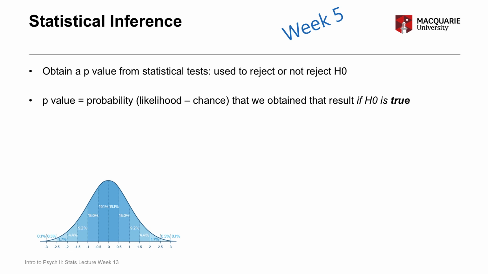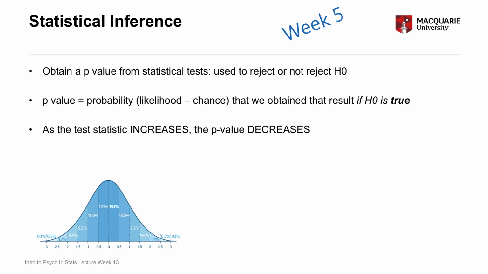And what that means is that the smaller the p-value, the less likely it is we've got this particular test statistic if the null hypothesis is true. And therefore, the more likely it is that we've got this particular test statistic because the null hypothesis isn't true, but in fact because there actually is a real effect in the population.